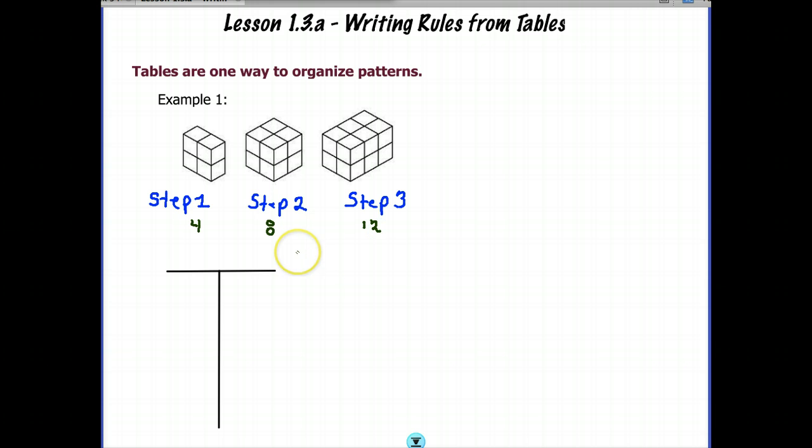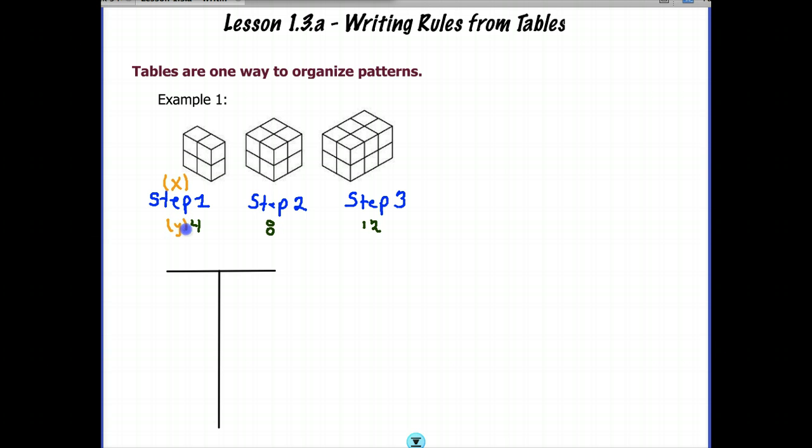What we've done in the past is tried to figure out some sort of expression to represent this growth. But it's a lot easier if we can take that and put it into a table. So step one, we're going to say that represents x. Okay, so the steps are our x. And the output, the number of blocks that we have, we're going to say that's our y.